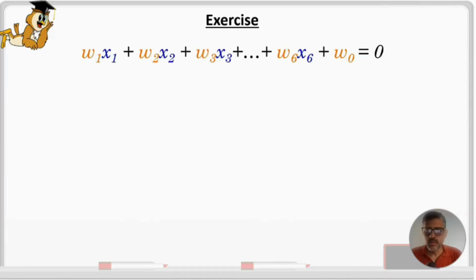These W's were the focus of our attention as far as optimization was concerned, right? The values of W's that define the best hyperplane, right? This was the entire focus of our exercise as far as optimization was concerned.